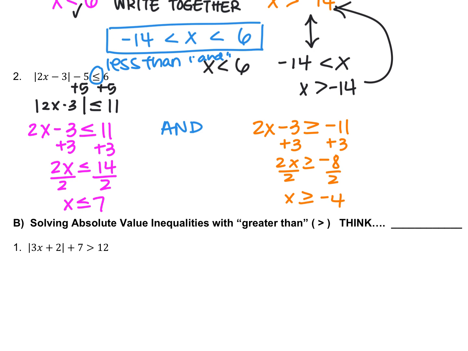This is an and statement, so we write our answers together in order from least to greatest. So negative 4 goes first, x in the middle, 7 goes last. And then we do less than or equal, less than or equal.